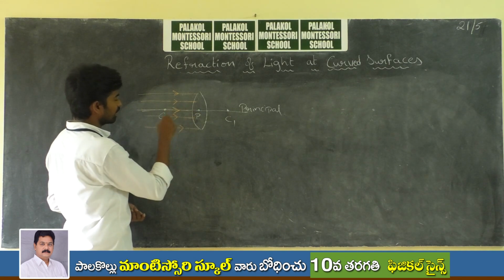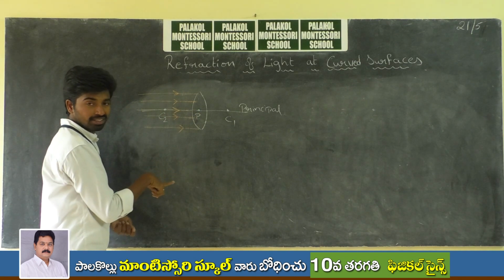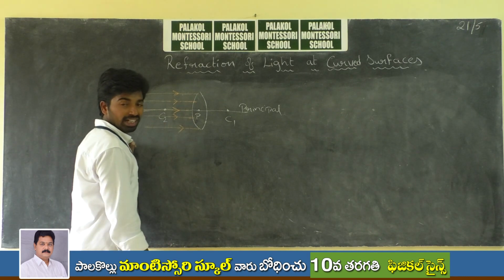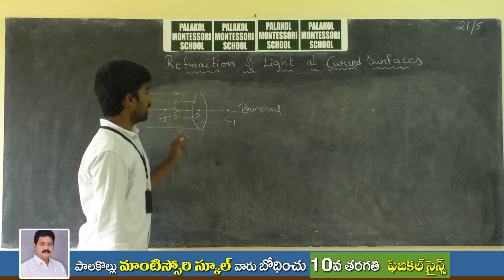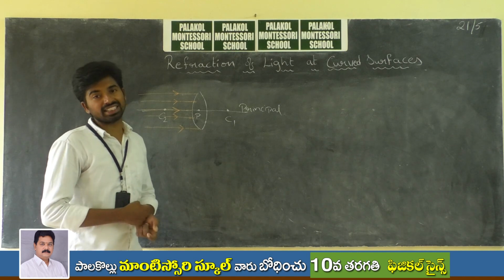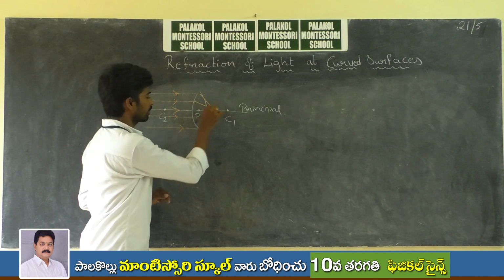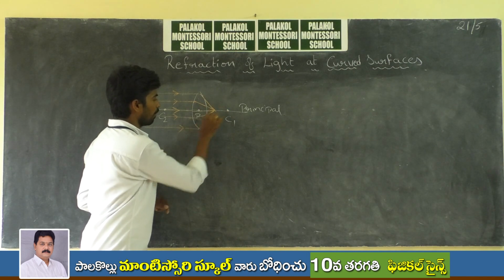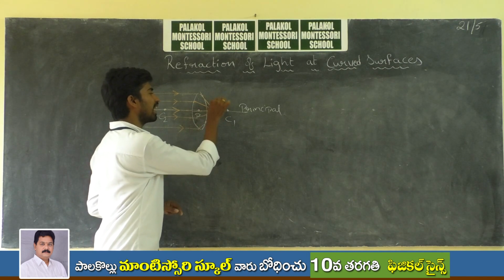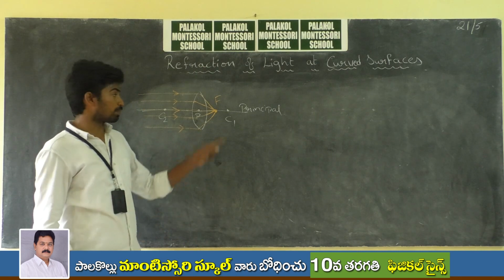Some light rays which are parallel to the principal axis are incident on the lens. These light rays will be refracted by the convex lens and focus to a point. This point is called the focus point.